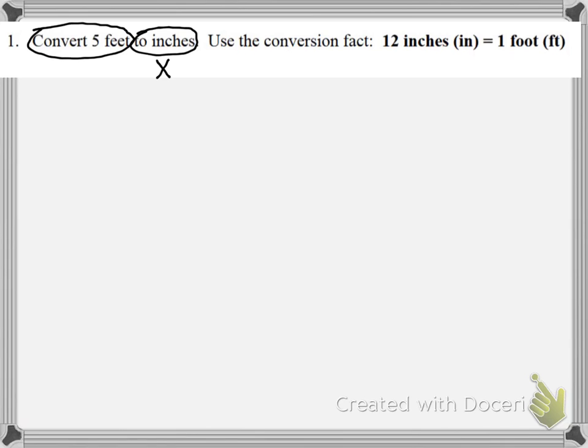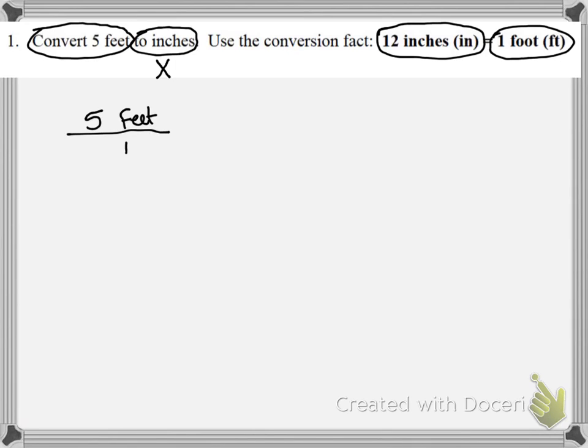And again, over here, we have our known ratio, which is 12 inches to 1 foot. And you can put either fraction on the left-hand side, it doesn't matter. So if I want to convert 5 feet to inches, I'm going to say that there are x inches in 5 feet.